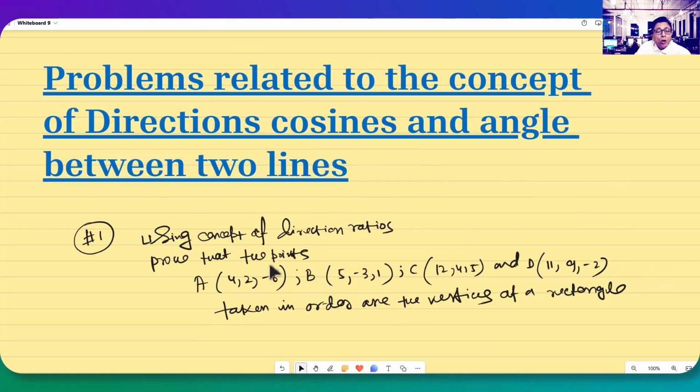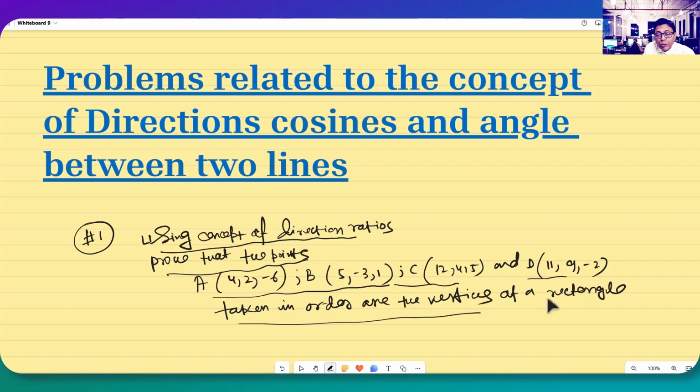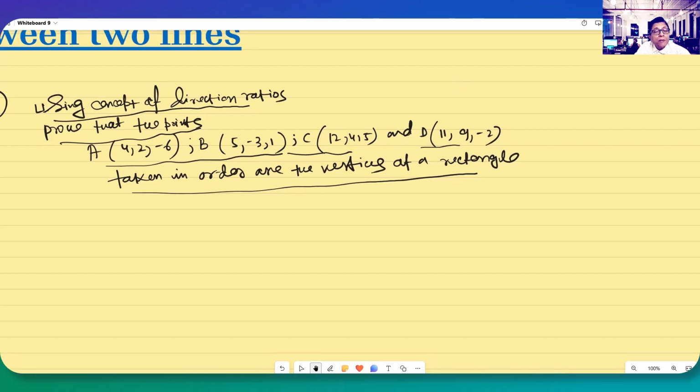So let us solve this problem using the concept of direction ratios. Prove that the points A, B, C and D taken in order are the vertices of a rectangle. This we are going to prove. These are the points given.